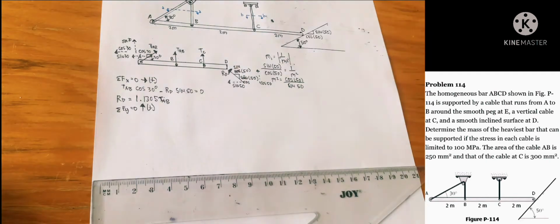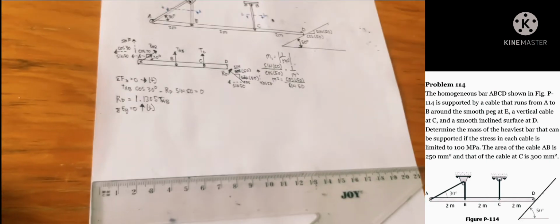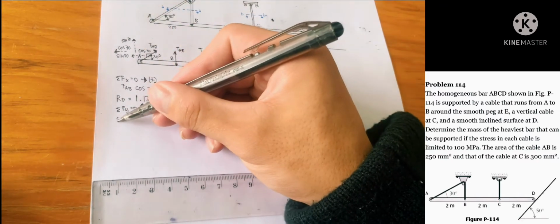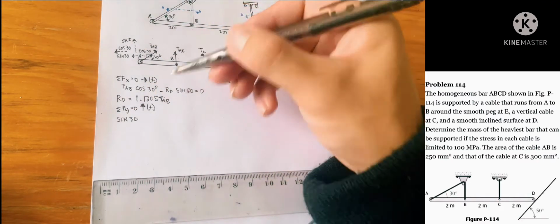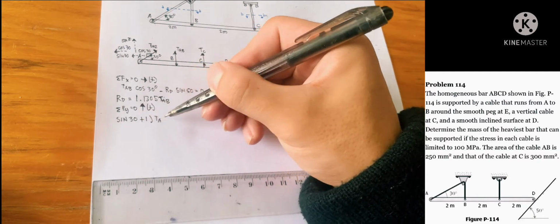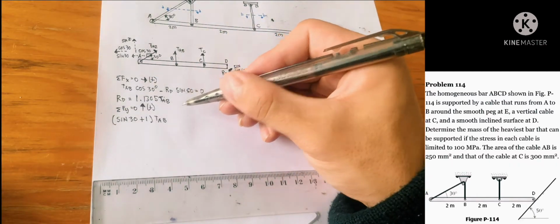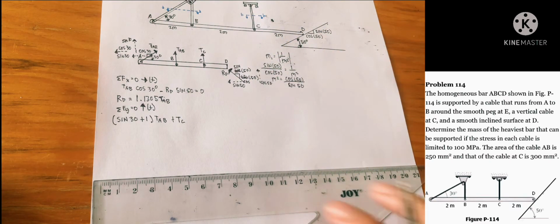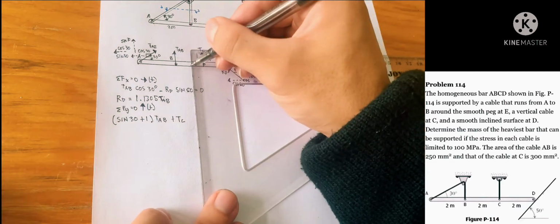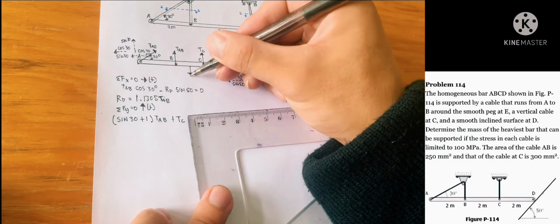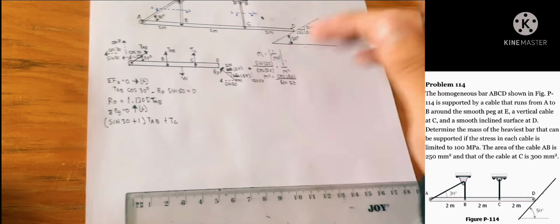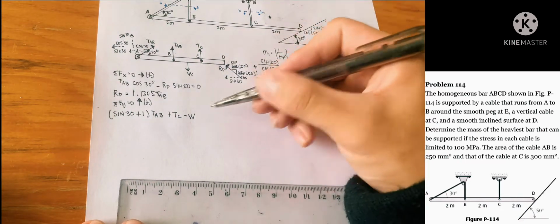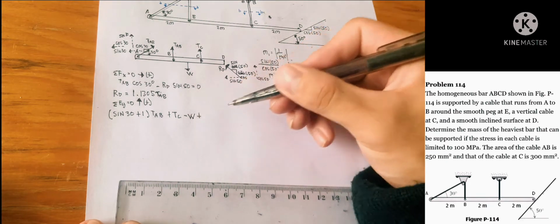So sum of forces Y, we have 1, 2, 3, 4. All the forces have Y components. So this is sine 30. Since it is the same cable as AB, we can just add 1 plus the tension at C, which is separate. Okay, we forgot to write the effect of the rigid bar, the weight, of course in newtons.